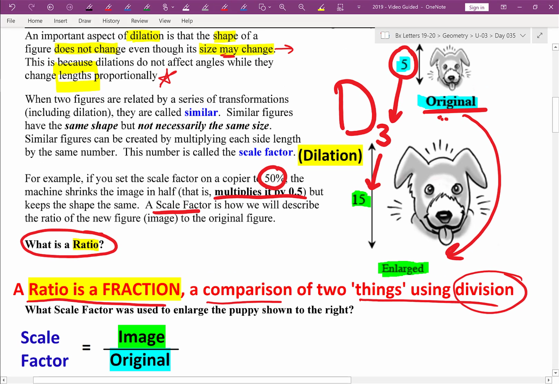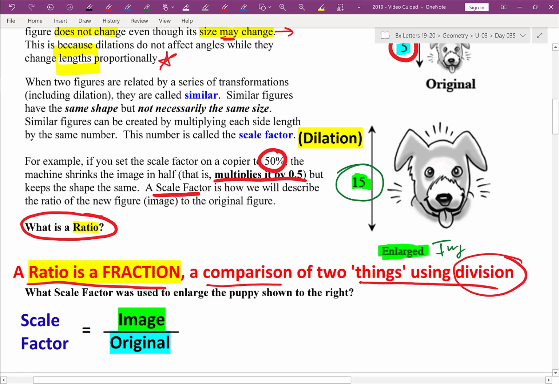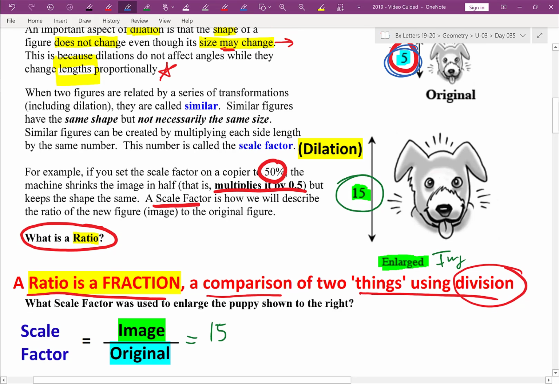I know you can just guess and check. You can do 5 times 3. But what's interesting is, with more difficult scale factors, you can always take the image that is the enlarged, or the result, take that number and put it on top, and then compare it to your original side.